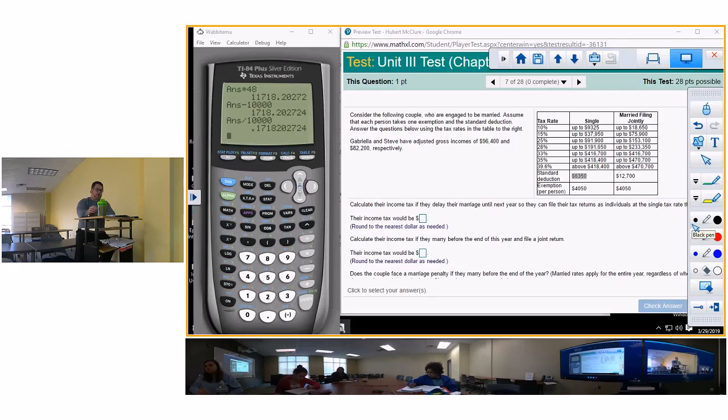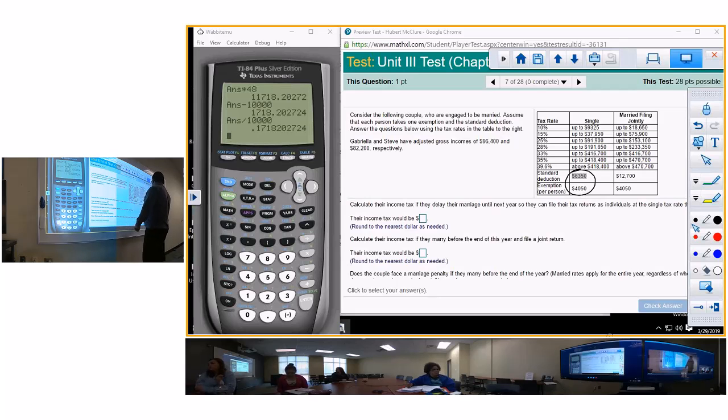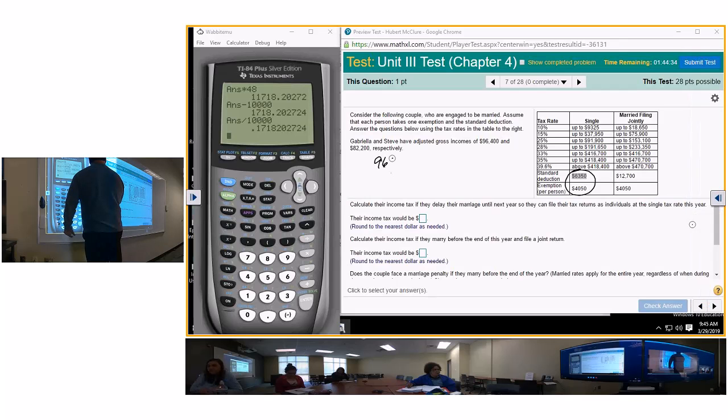So that's the first thing we're going to do. Because they don't give you anything like credits or interest or anything. They're not giving you that. They're just telling you that they're going to take off this right here off of both of them. Because we're doing them as single. So that means 96,400 and 82,200 minus 10,400.